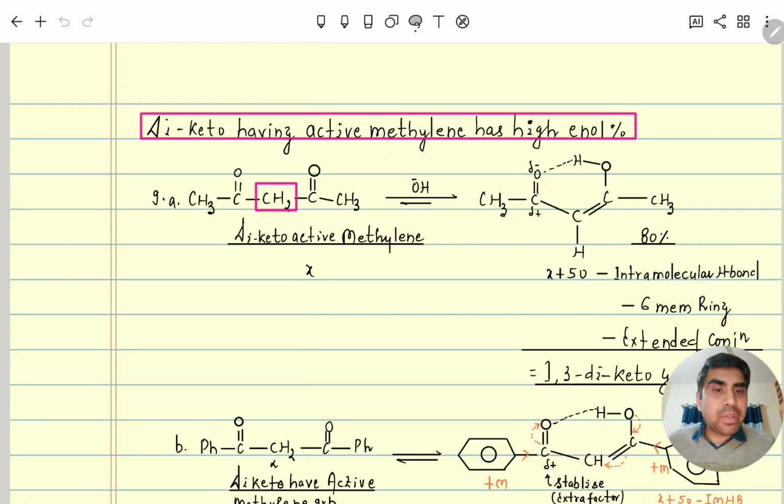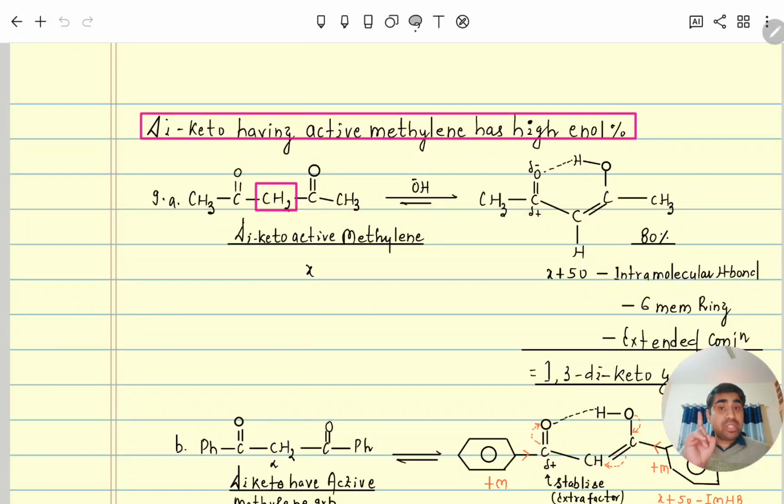And you can see it has extended conjugation: double, single, lone pair. Due to that, resonance or conjugation energy will also be released. So by these three factors, the overall energy will decrease. Even though it is X plus 50, it will be less than the keto energy.